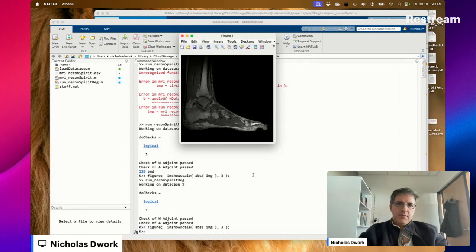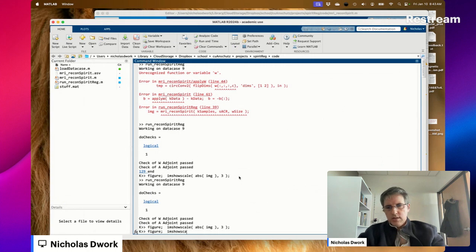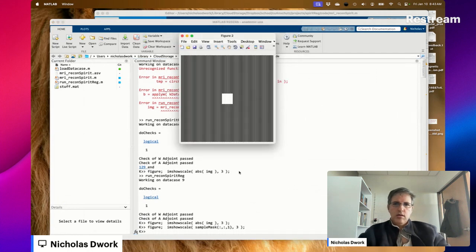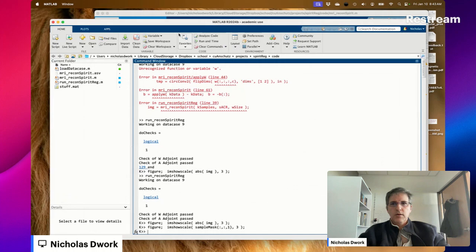That is with significantly more undersampling. This is only 30% of the data here. It does work better.